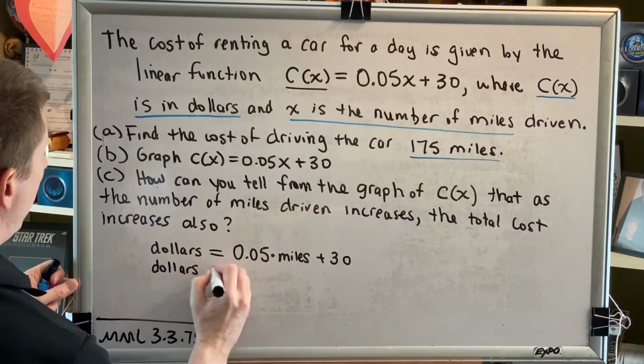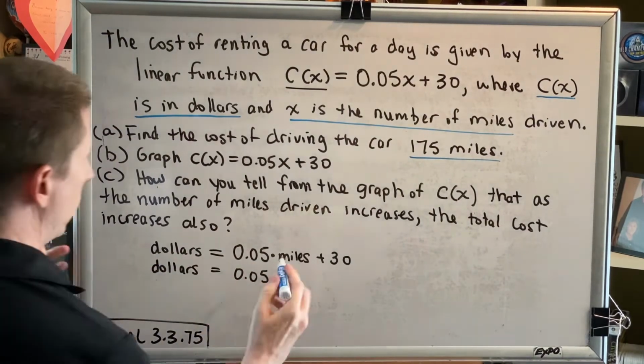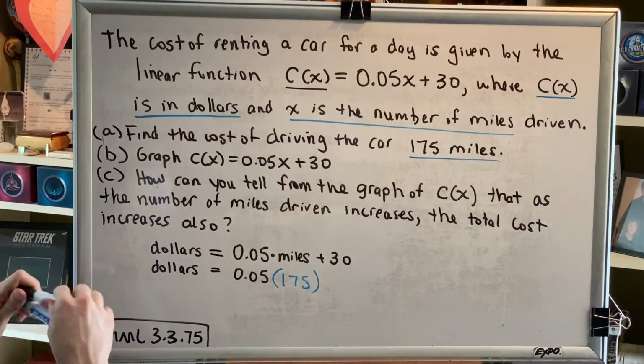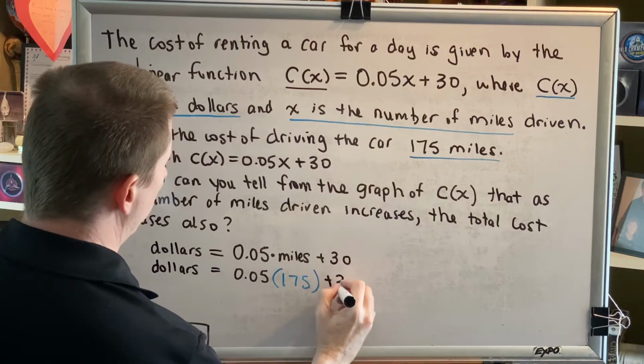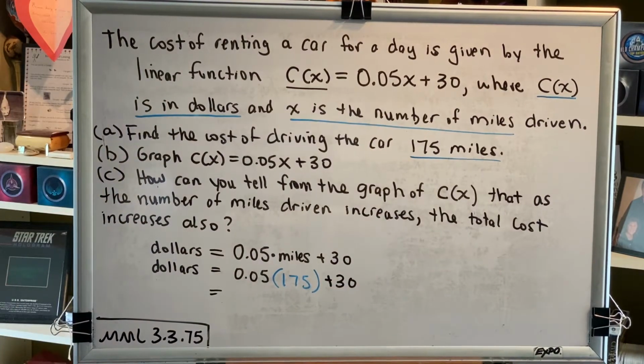Dollars equals 0.05 times 175 plus 30. Okay, so the next thing we need to do is multiply. What is 0.05 times 175?